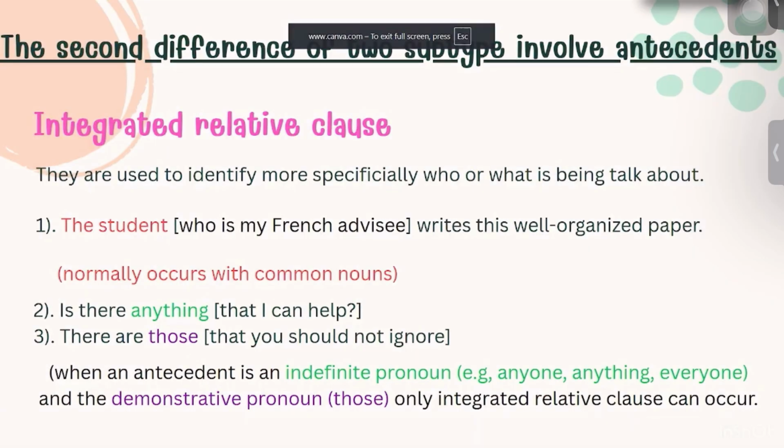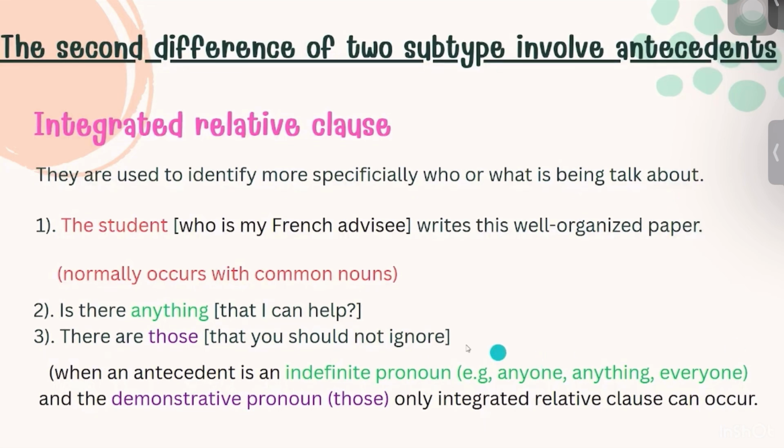For the second difference of the two subtypes, it involves antecedents. For the integrated relative clause, they are used to identify more specifically who or what is being talked about.